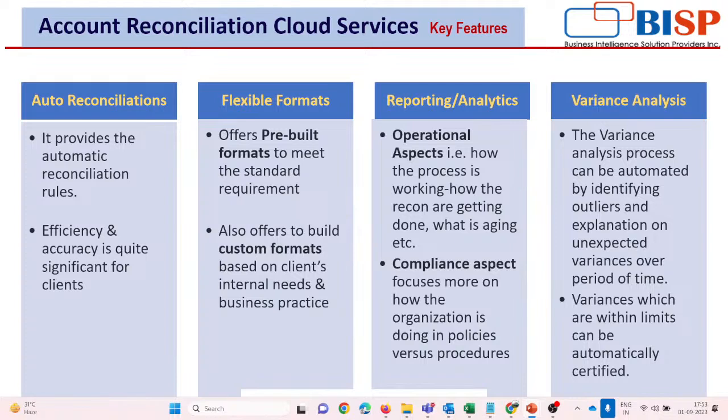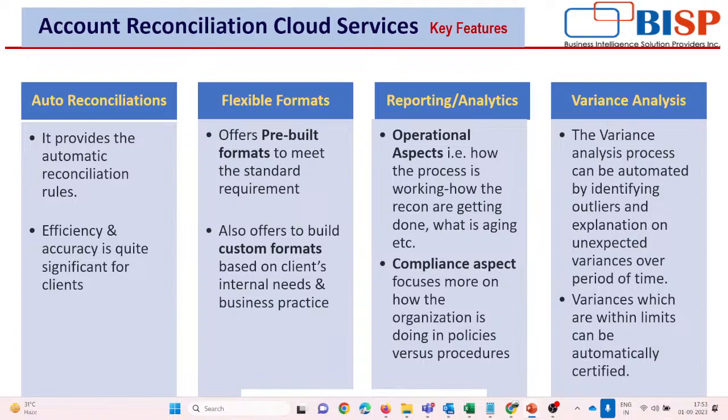Also reporting and analytics. It involves an operational aspect, that is how the process is working, how the reconciliations are getting done, what is aging, etc. So the operational aspect and the compliance risk aspect. There are two aspects involved in this. The compliance aspect focuses more on how the organization is doing in policy versus procedure. The first one is the operational, how the work is going on, what is the status, where is the delay, what are the bottlenecks in the reconciliation.